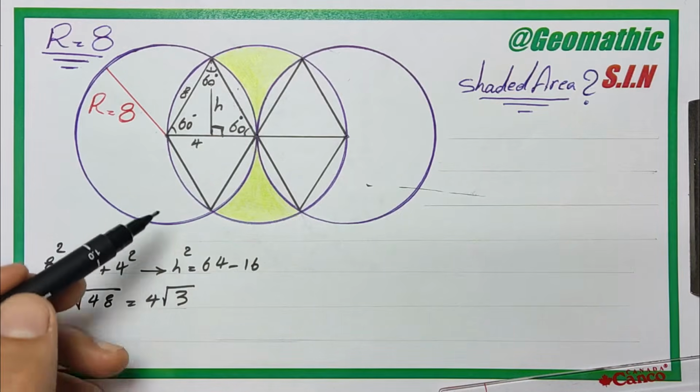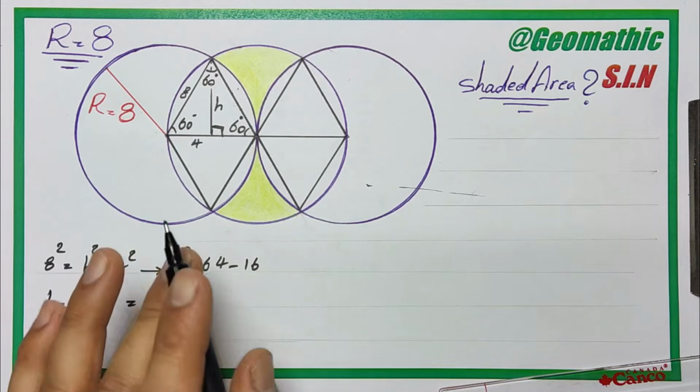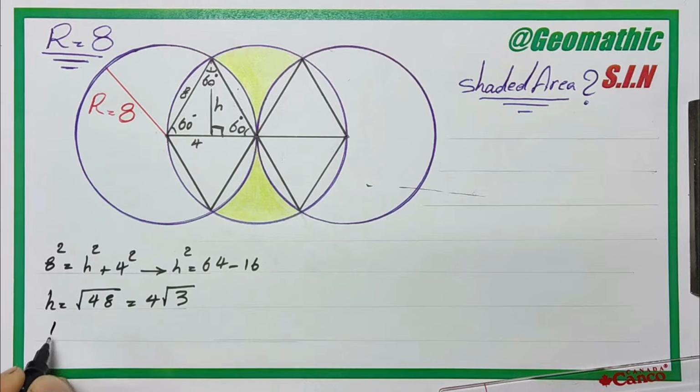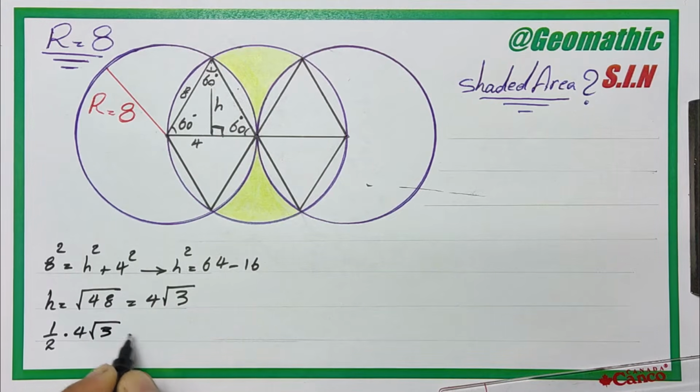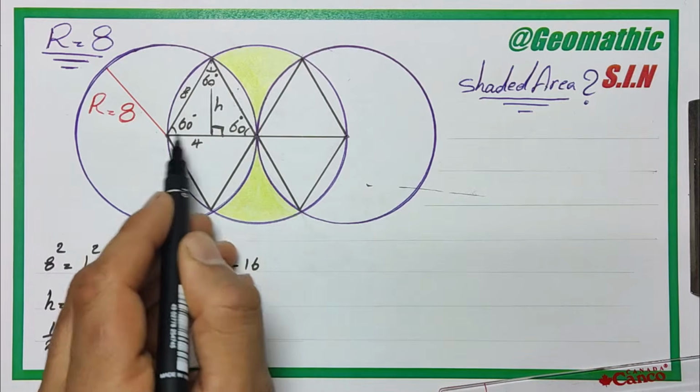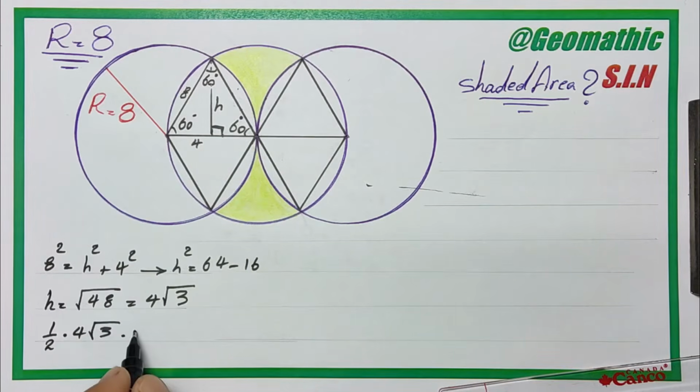So we found the height. Now the area of each triangle equals 1/2 times height, 4 times the square root of 3, times base, which is equal to 8, equals 16 times the square root of 3.